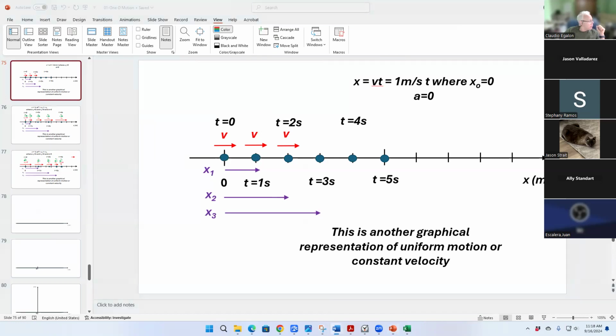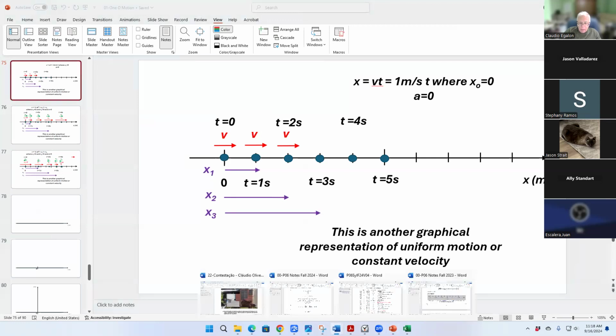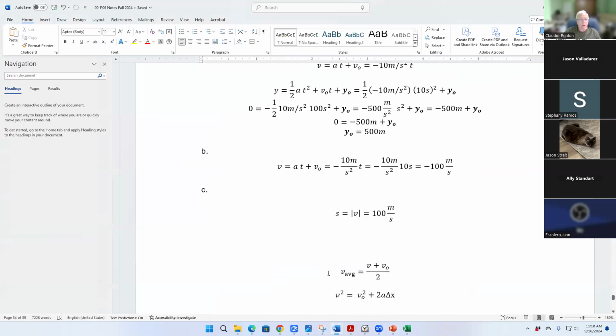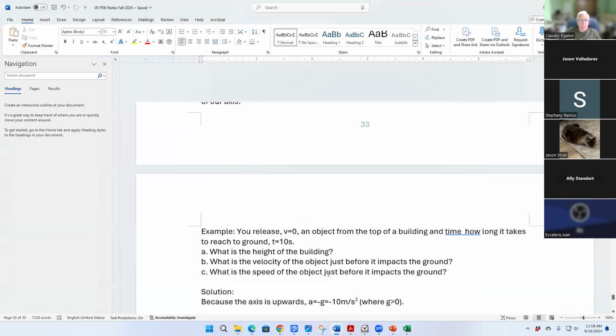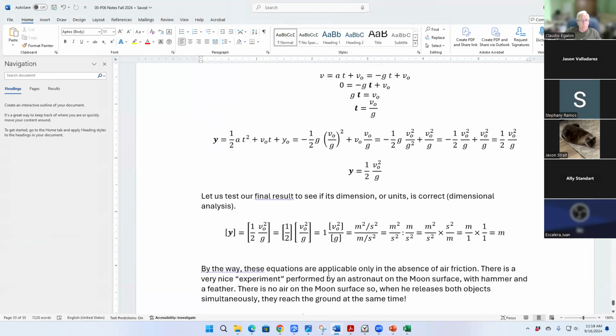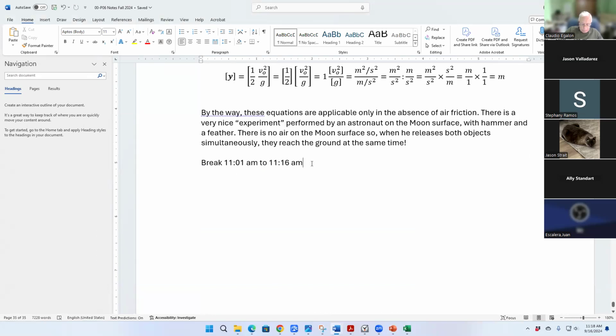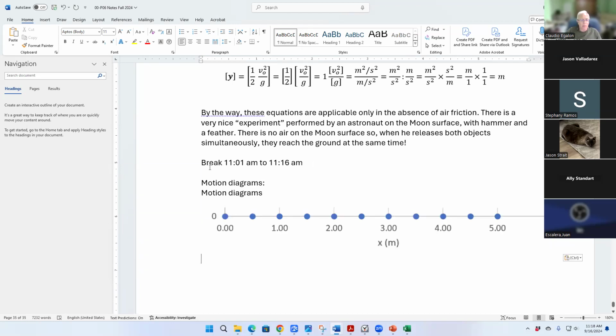Some time ago I made a motion diagram in Excel. It's possible to do those motion diagrams in Excel. I'm going to put it right in here in our notes, and it is in the 2023 notes as well. Motion diagrams. That's for uniform motion.